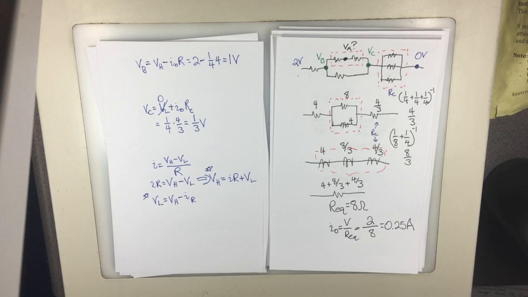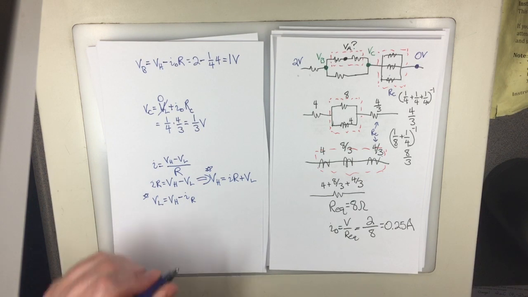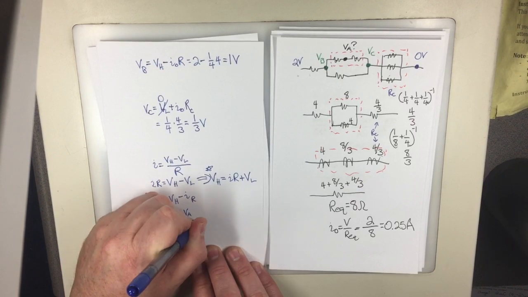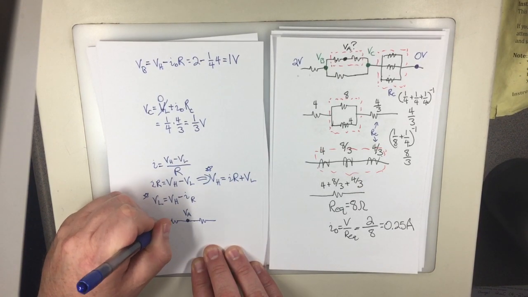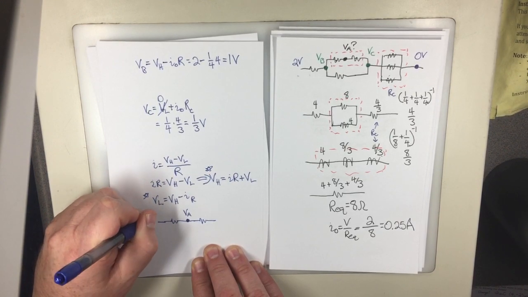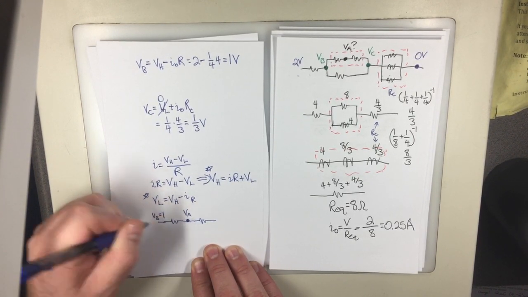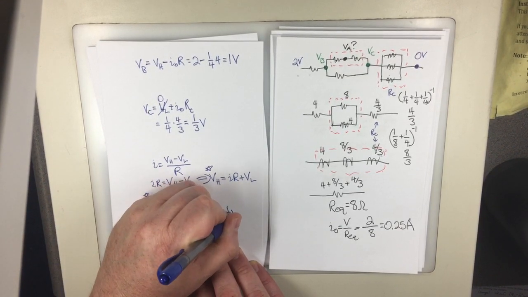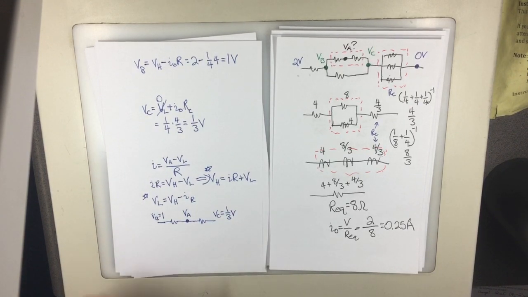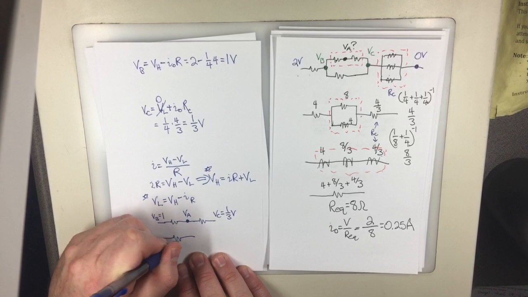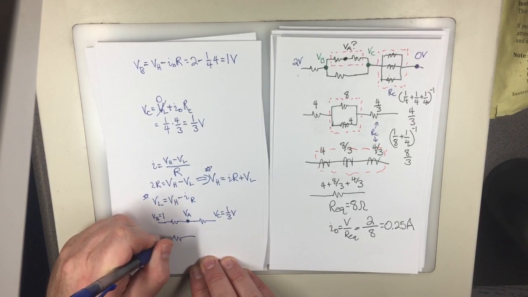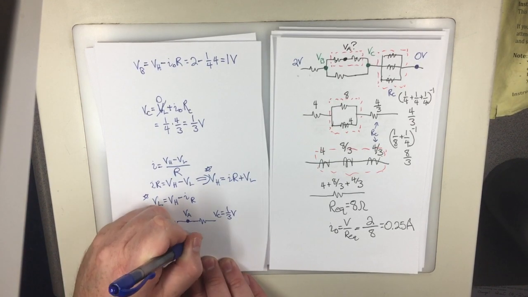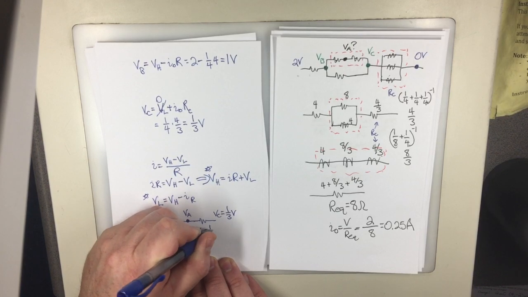So I've got VB and I got VC. VA is sitting in the middle of this. I know VB is 1 volt, VC is 1/3 volt. Really what I'm going to do now is combine the two effectively, 8 volts with a VB of 1 and a VC of 1/3.